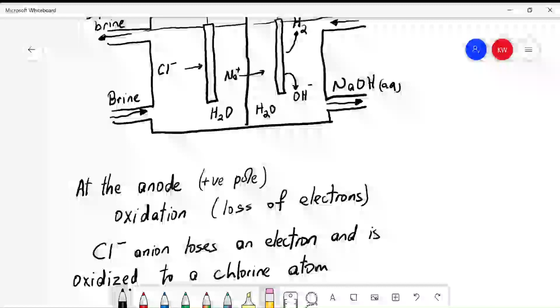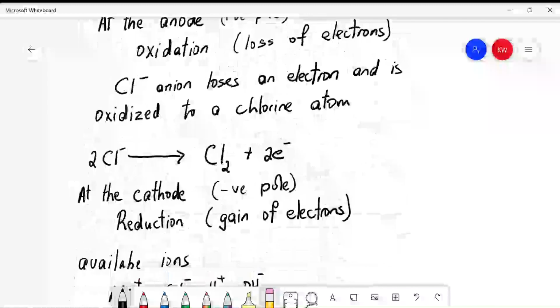So the chloride will win the competition here, just as it did in electrolysis of molten salt. So we'll have the chlorine being deposited. This chlorine forms chlorine gas, and we use this chlorine gas in our production of PVC. That's plastic pipes.